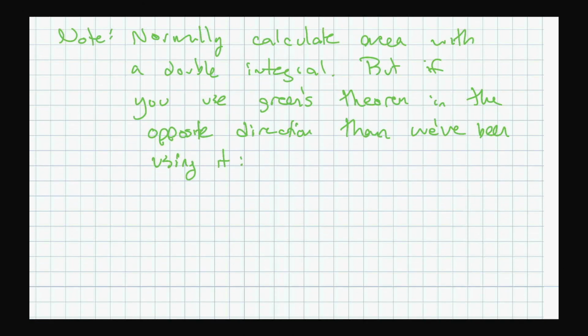Because we've been using line integral to double integral. Now you could use double to line integral, right? That's the opposite direction of normal. Then we could calculate an area with a line integral.